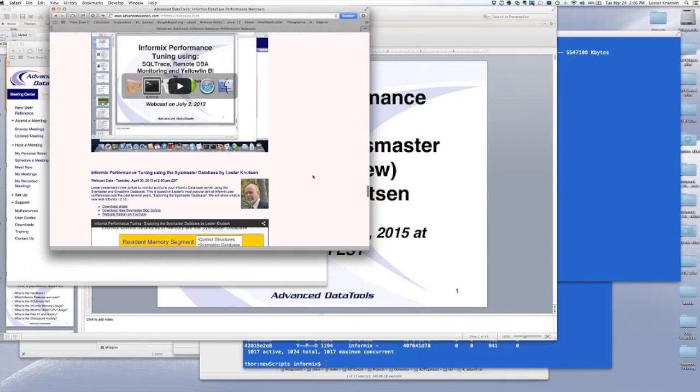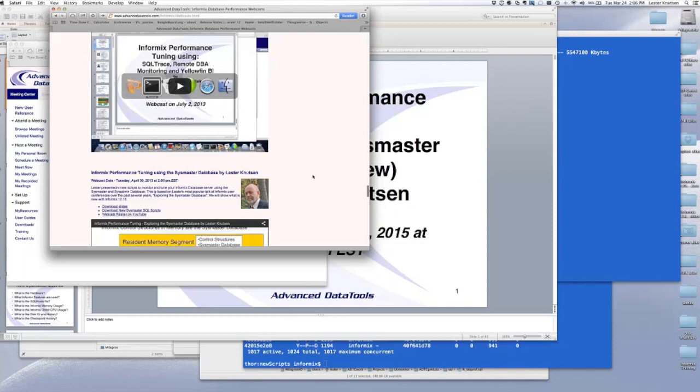So what I want to talk about is some of the new questions that I always ask and have found answers to in the Sysmaster database. Everything from what hardware you're running on, to what Informix features are being used, what the SQL host file is, how much memory is being used, what the CPU usage is, disk I/O and disk I/O history, checkpoint history, what the table layout on disk is, and what tables need to be refragmented and have extents.